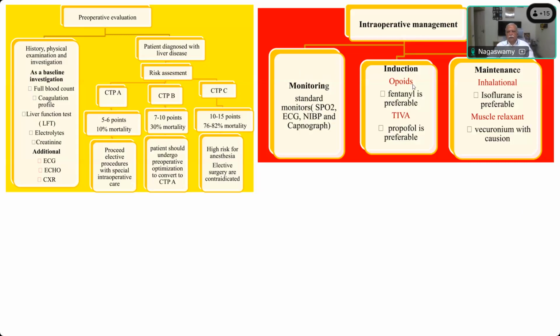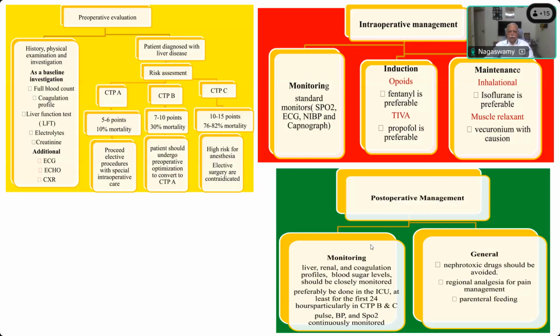For induction, fentanyl is preferable and TIVA can be used, but all these drugs have to be given in a graded fashion because they are all metabolized in the liver, and the capacity of the liver to handle this is very, very important. For maintenance, you can use an inhalational agent like isoflurane, and muscle relaxants like vecuronium with caution, or nowadays we have atracurium and cisatracurium, which are much safer and can be used.